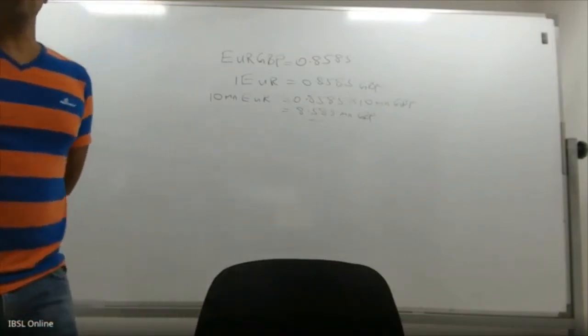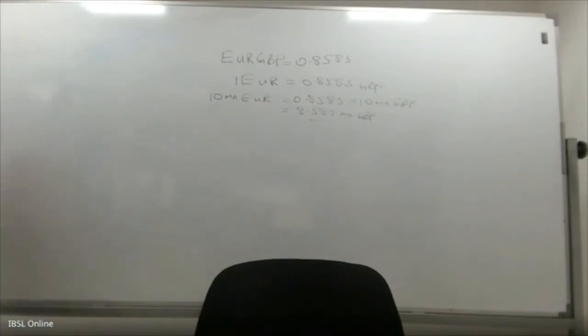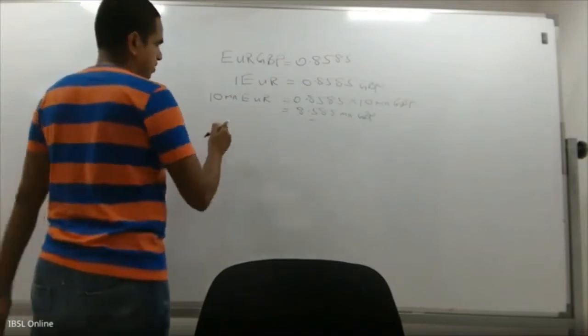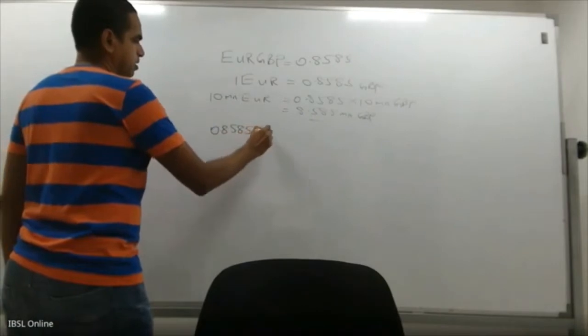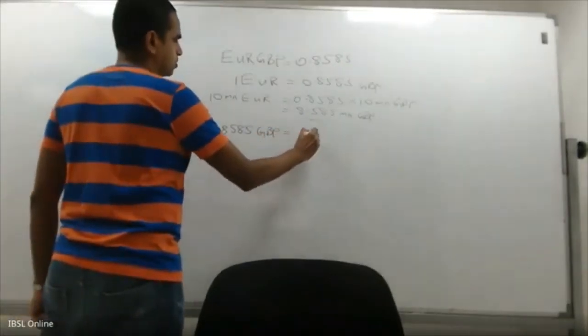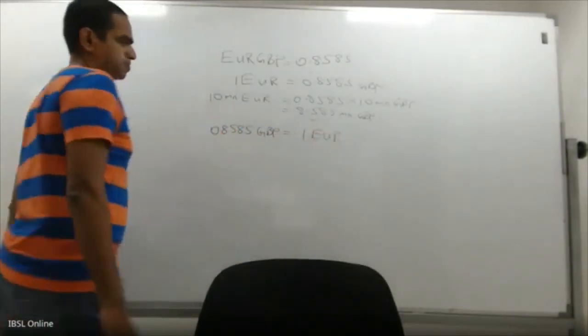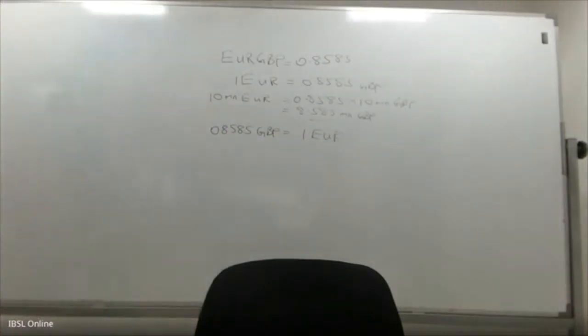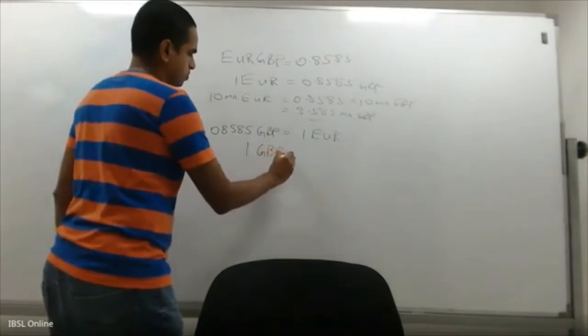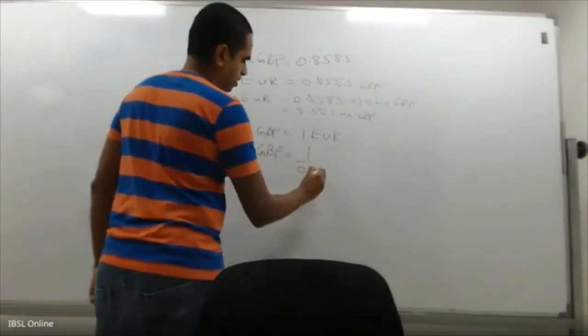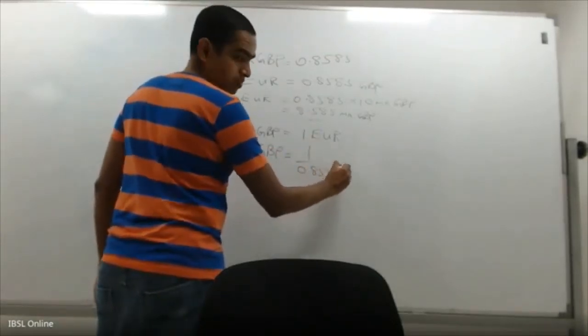Next question, if you have 10 million sterling, how much can you get in euros? So it's the other way around. 0.8585 sterling will buy you 1 euro. So 1 sterling will be 1 over 0.8585.